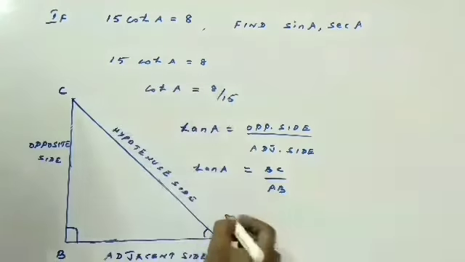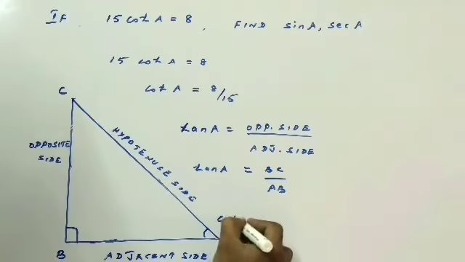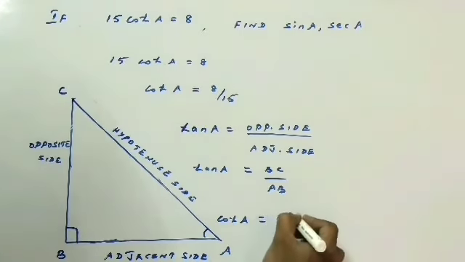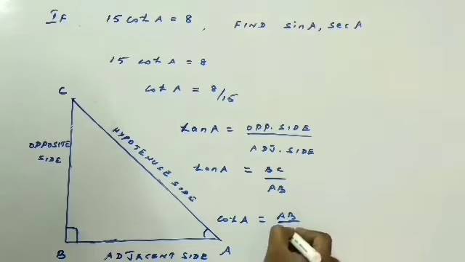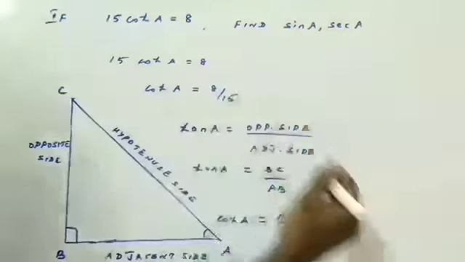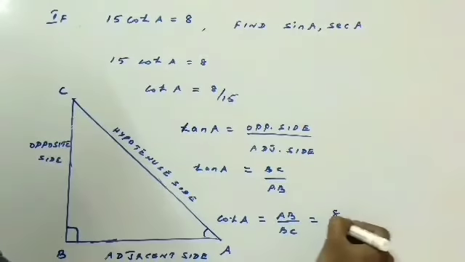We need cot A, that means just reciprocating this value, AB by BC. Cot A is given as 8 by 15.